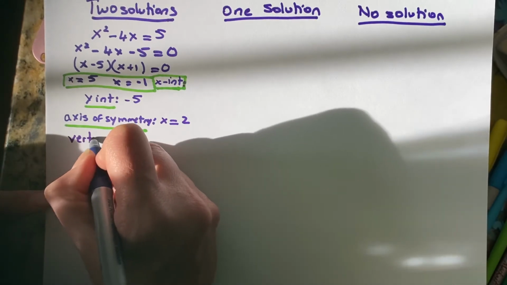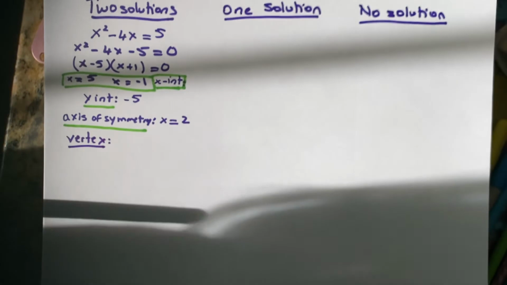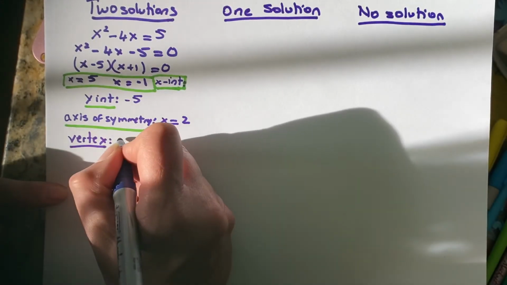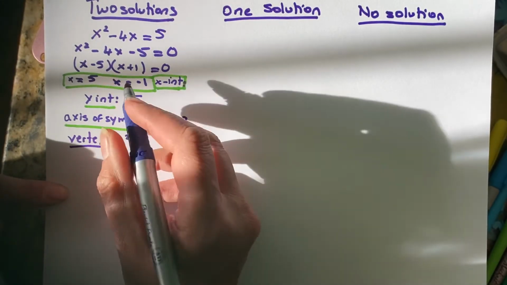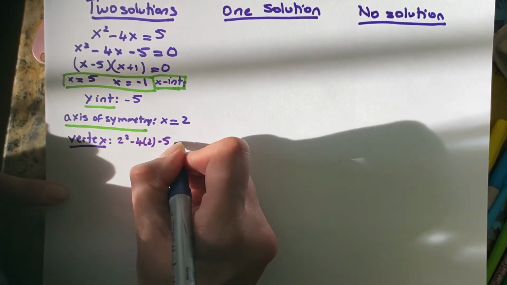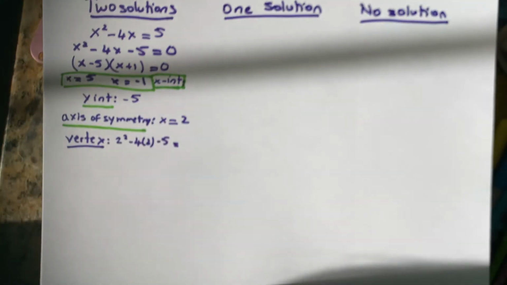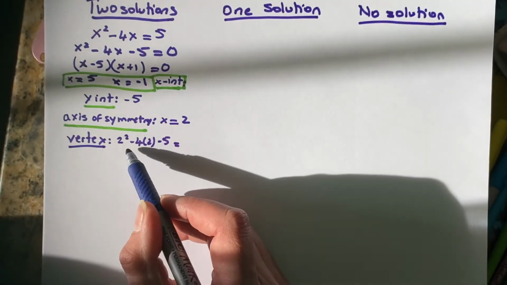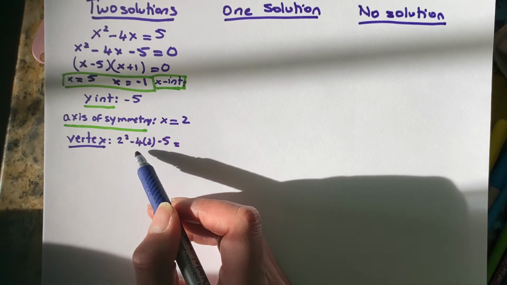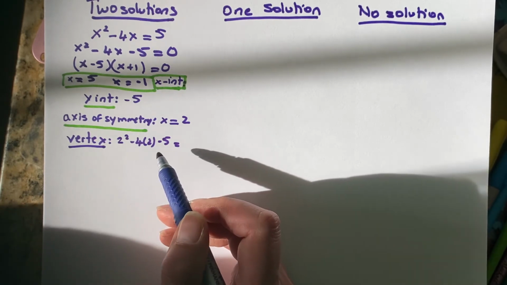Well, what's my vertex? Well, my vertex is going to be 2 squared minus 4 times 2 minus 5. Right, I'm just plugging this 2 right into my equation. When I do that, I get 4 minus 8 minus 5.